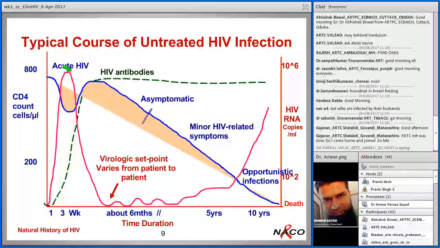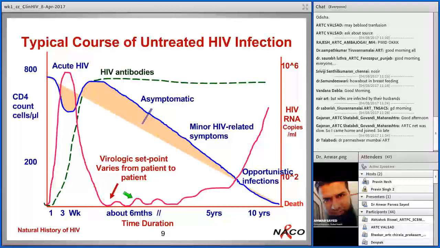In the first few weeks, viral load will jump very high, then it drops down, because when the body's immune system comes into action and comes to know about this new virus, it will try to drop it down to a certain level, which depends on the strength of the humoral immunity. Sometimes it will bring it down to a very low level, and at that low level a person will survive for years and years together, which is asymptomatic HIV infection.